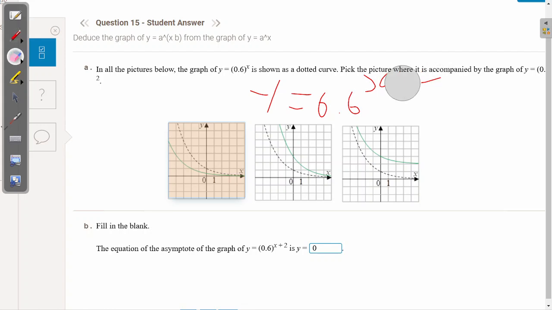If it was minus 2, it would go to the right 2 units. Don't get this confused with when it's plus 2 like this. When it's plus 2 like this, you go upwards by 2, and then minus 2 would be downwards. So when it's on the x, it's just the opposite. It will be left instead of right. So you choose this one.